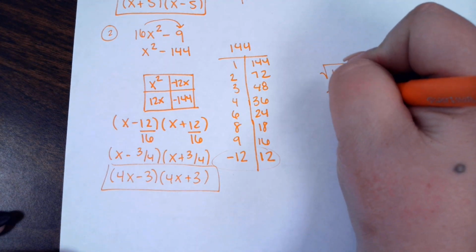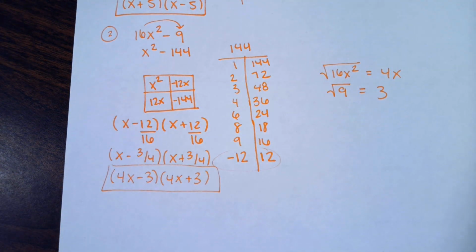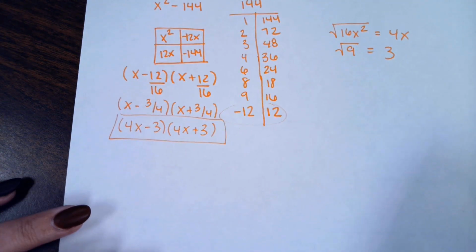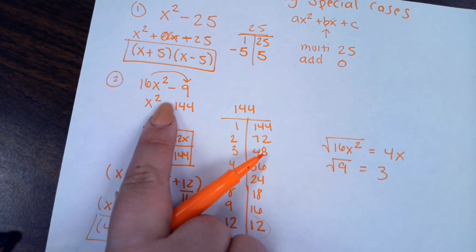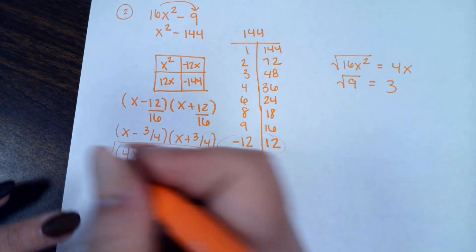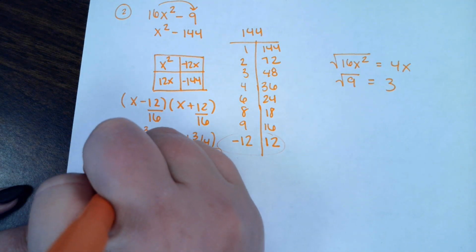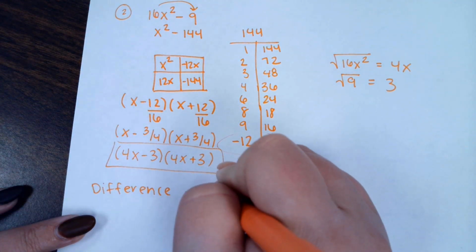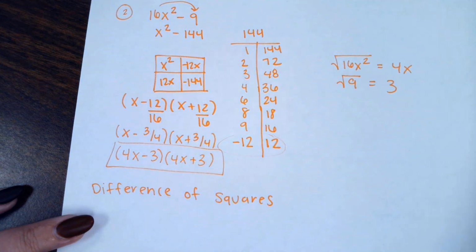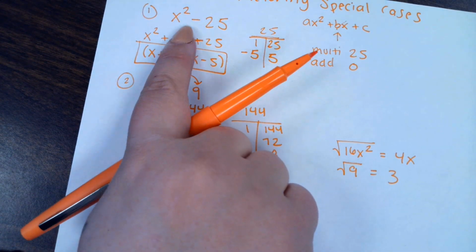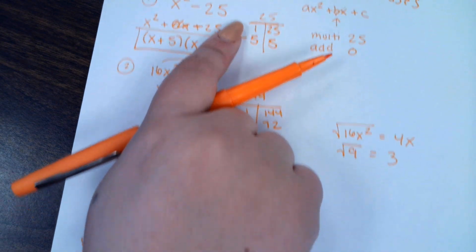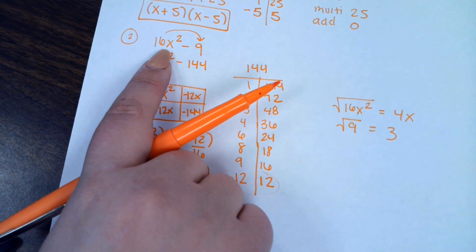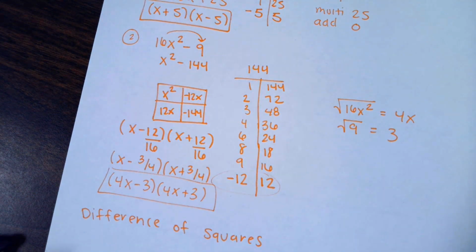The square root of 9 gives you 3. So these types of binomials are called difference of squares, or difference of perfect squares, because x squared and 25, those are both perfect squares. 16x squared and 9, those are both perfect squares.